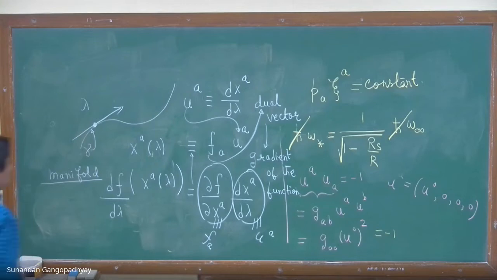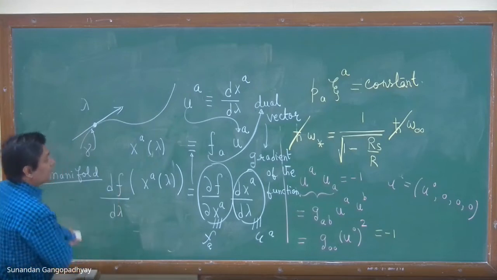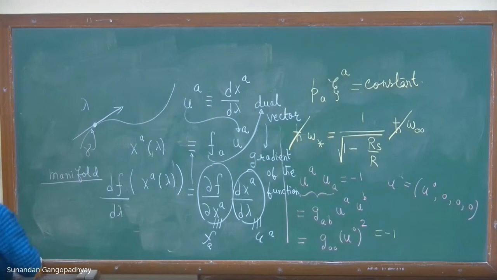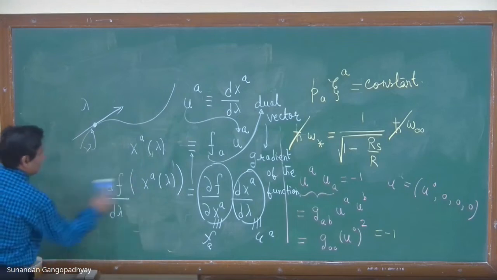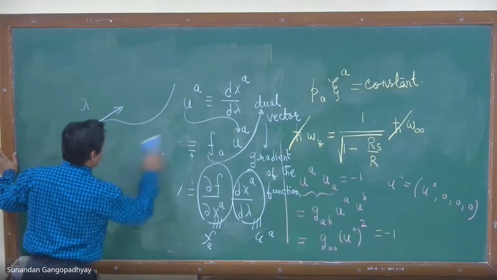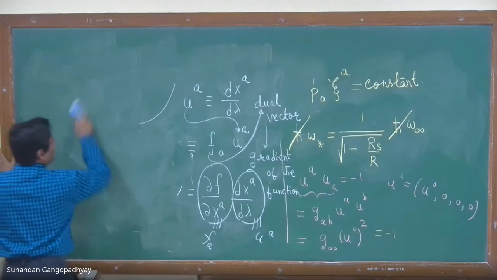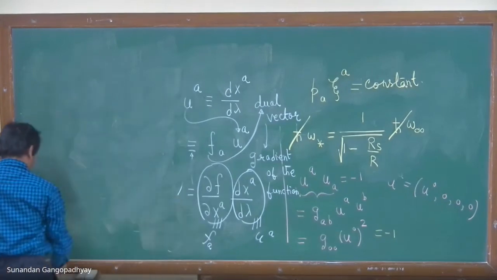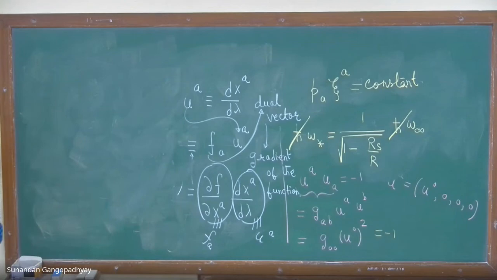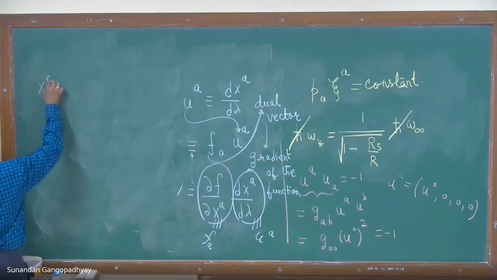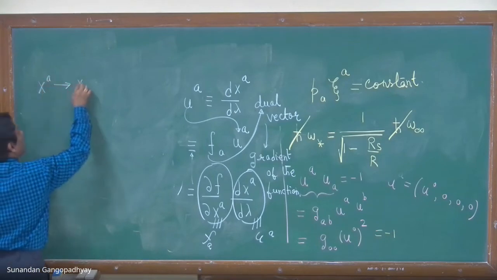Now we would like to look at the transformation properties of these objects. Suppose I make a coordinate transformation from x a to x prime a.